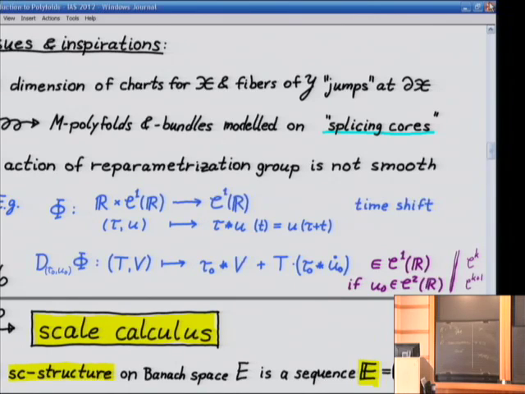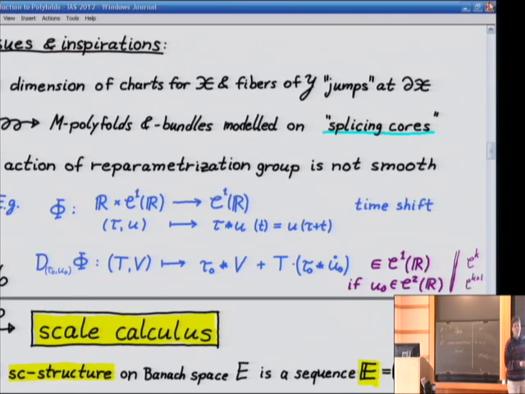And so that leads to the idea of splicing cores on which both the polyfolds and the bundles will be modeled. Oh, right, I didn't say that explicitly. So M means manifold flavor. There's no symmetry of your automorphism group. If you want to deal with finite isotropy groups, you just drop the M and think of everything in a groupoid setting. Then everything is a polyfold, and your zero sets become branched weighted manifolds.